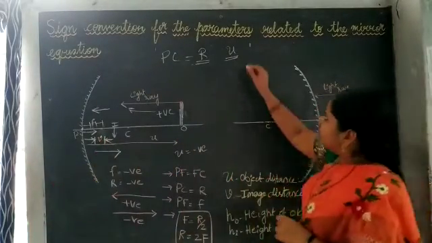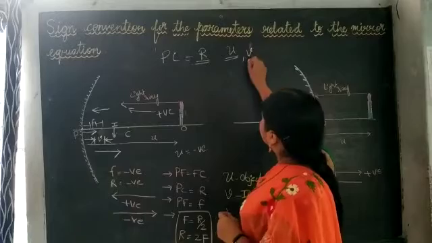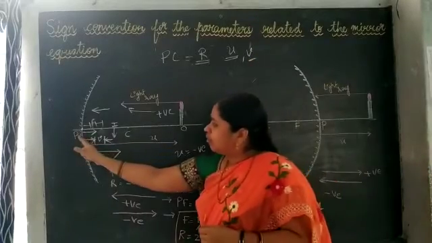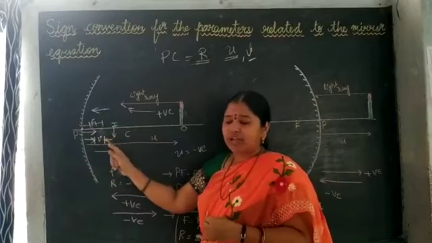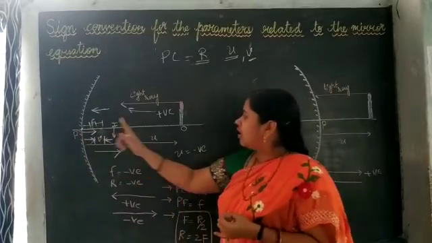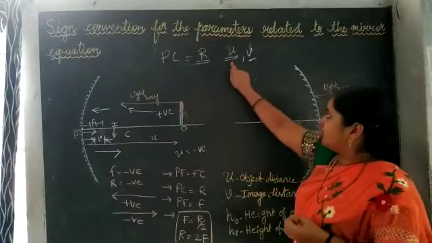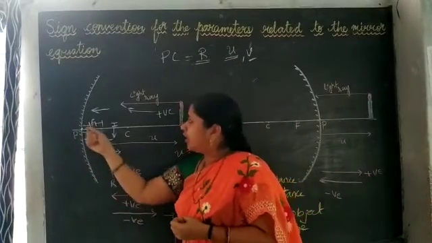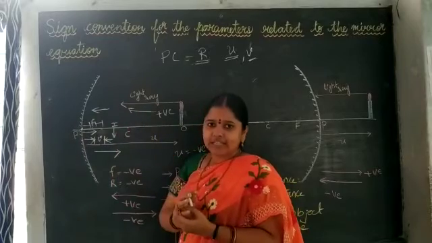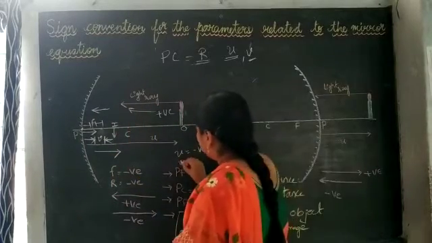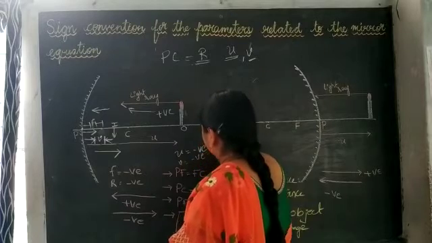We represent the image distance with the letter small v. The distance between pole and object is known as object distance, that is small u. This is also measured in the opposite direction of the incident ray. That's why in this case, v is also negative.